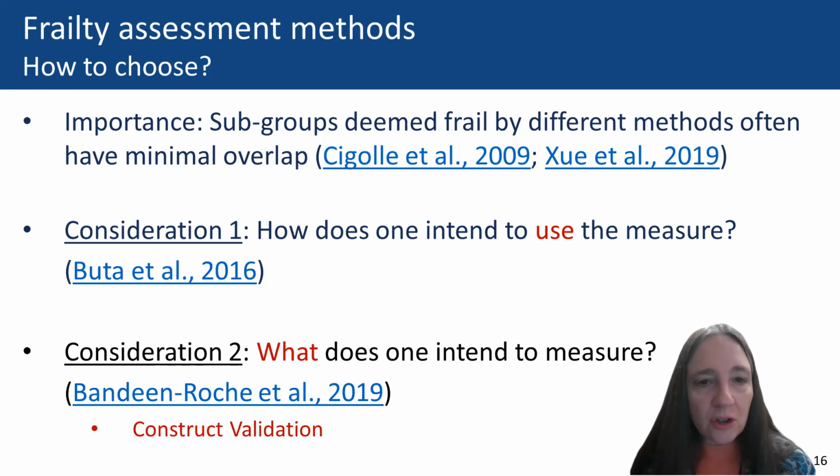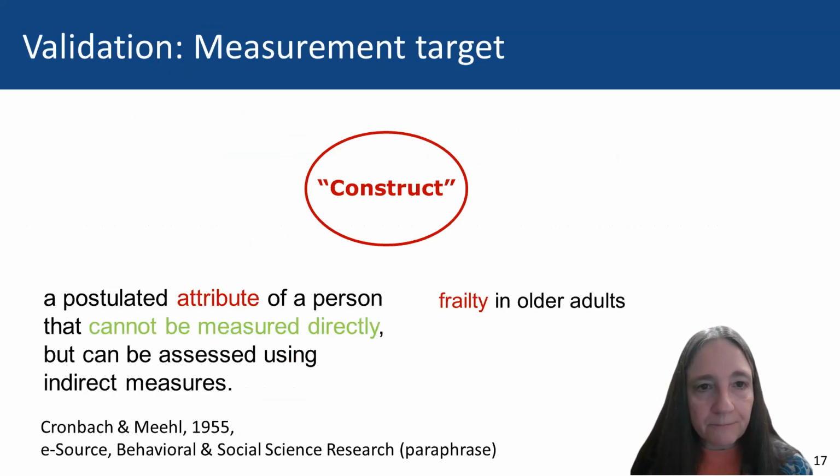An accumulation of deficits representing biological aging, a pre-disability state, a state of physiological dysregulation manifesting in a critical vulnerability. Decide what one wants to measure, and then critically, evidence that one's assessment method actually does measure that thing intended. And that process is called construct validation.